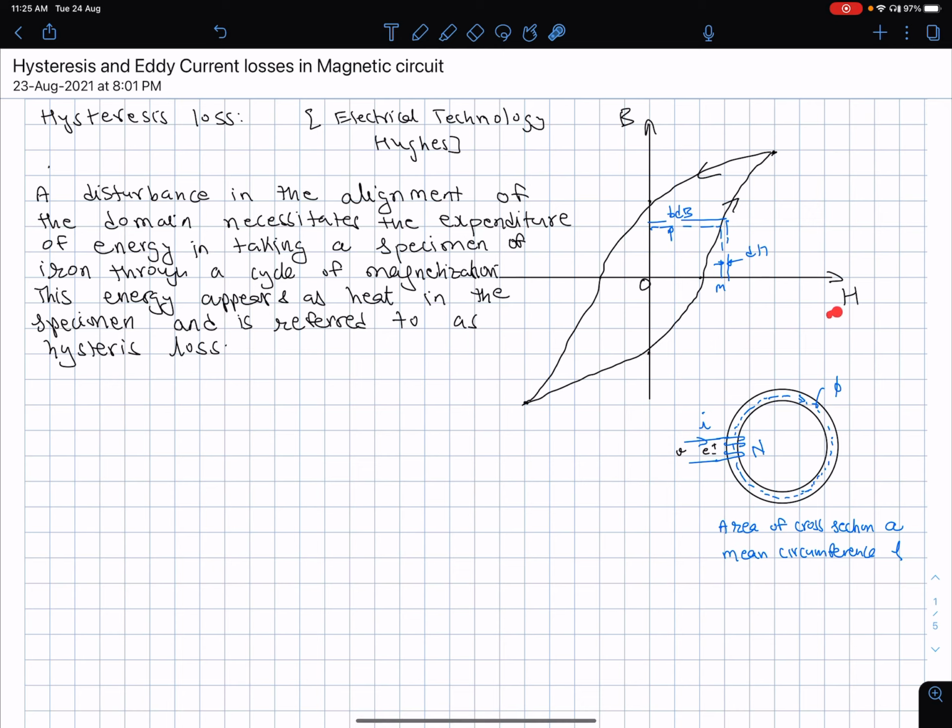I just want to recalibrate this in B and H instead of flux and MMF, and see what happens.